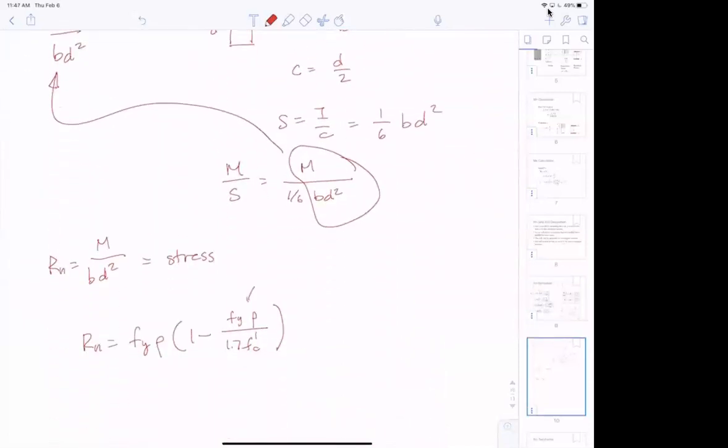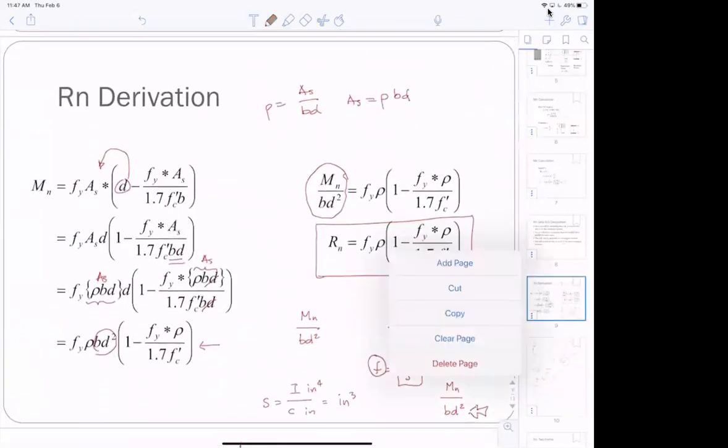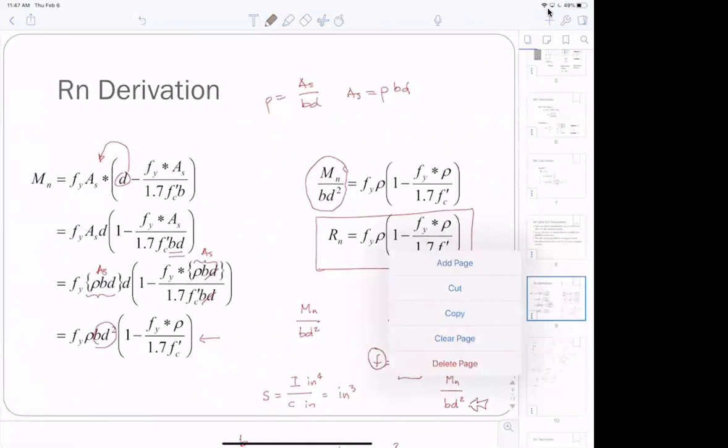This has no units. The Fy and f'c units cancel out. That has units of stress, and rho has no units. So that has units of stress. There you go. So that's an interpretation of Rn. It's like the moment divided by a section modulus.